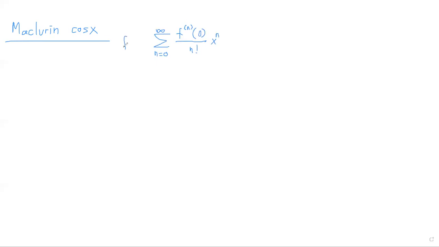So f of x is equal to this all the time, any f of x. And we're just going to directly apply this formula with this series. But first, I'm going to find a couple of derivatives for cos x. So f of x is cos x.